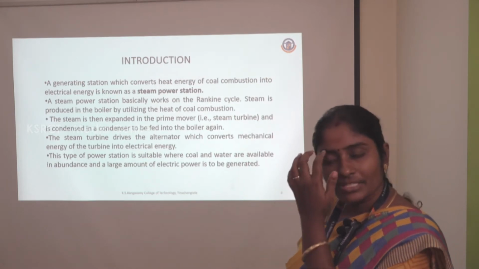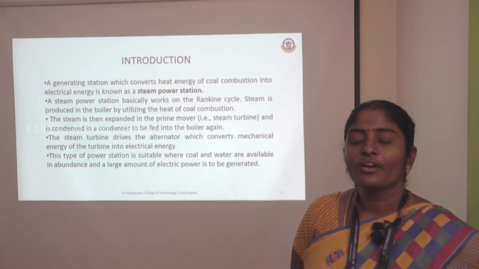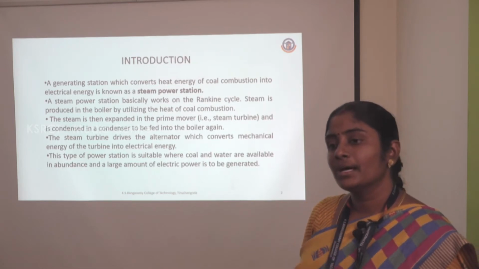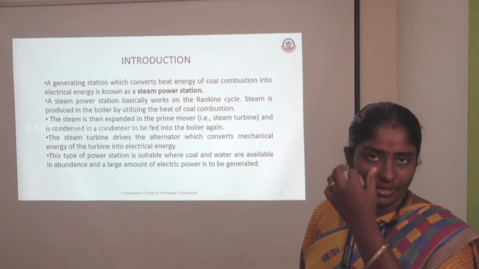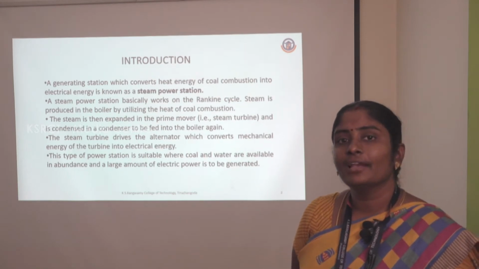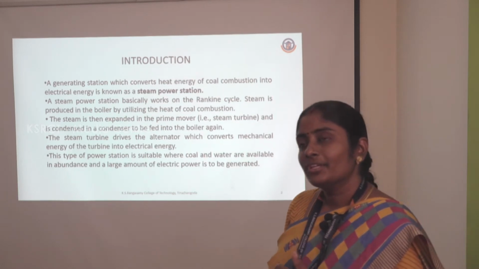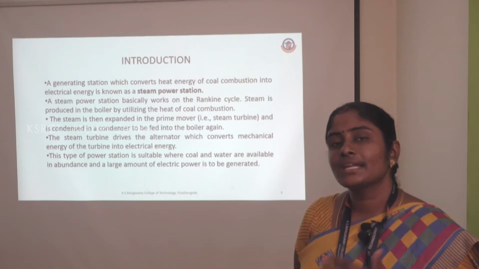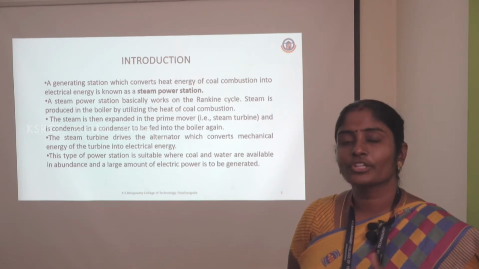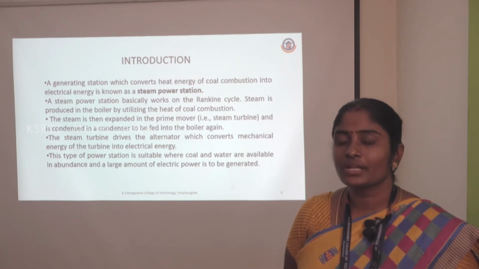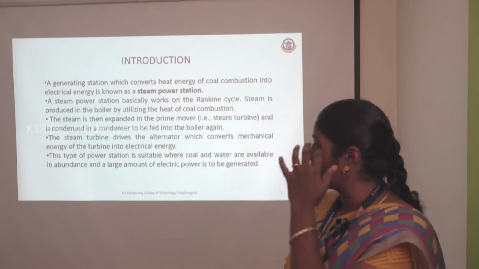After that, the steam travels through the steam turbine. The turbine gets rotated and it is converted into electrical energy with the help of the alternator. After that, the excess steam is condensed again and given to the boiler for the process to continue. This cycle is called the Rankine cycle.